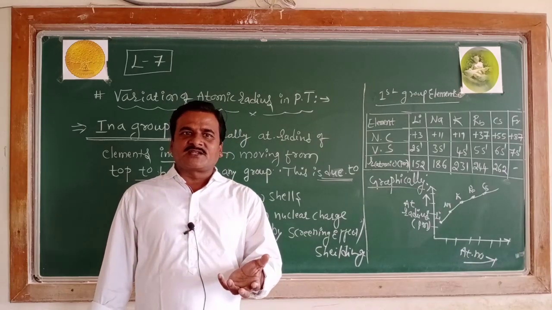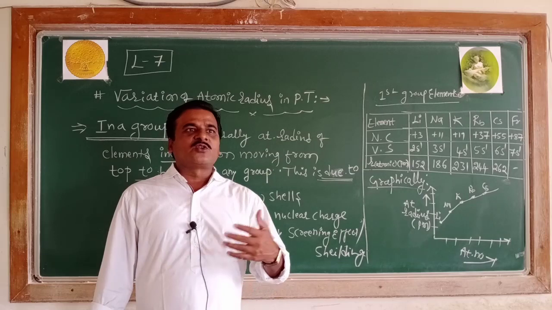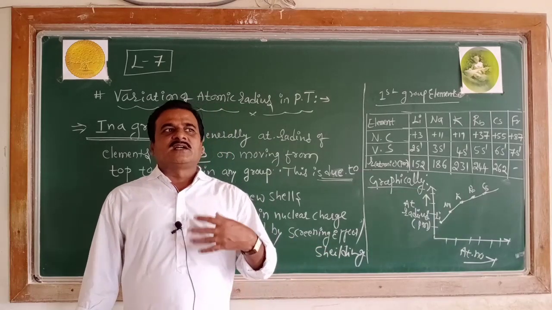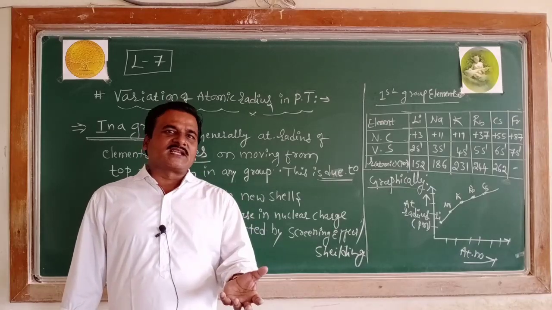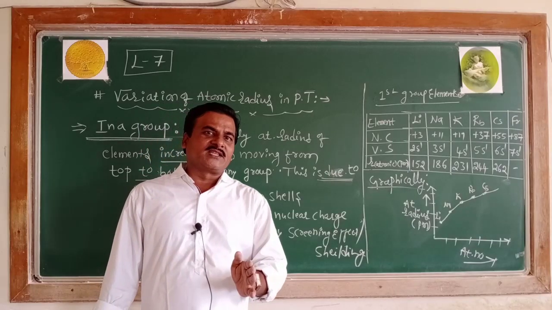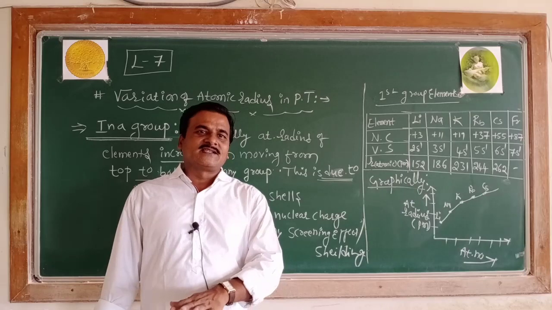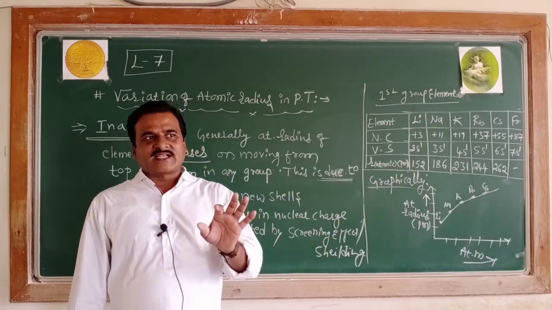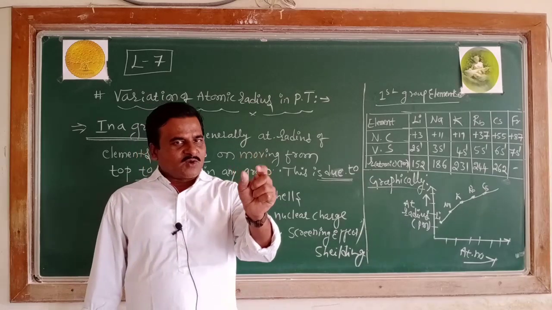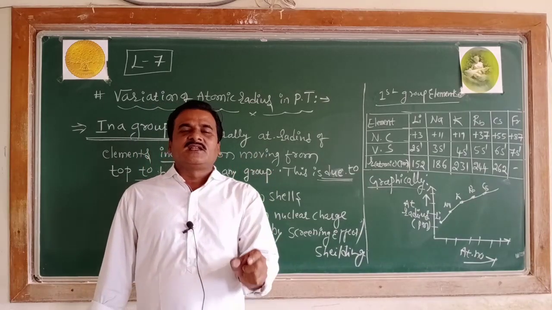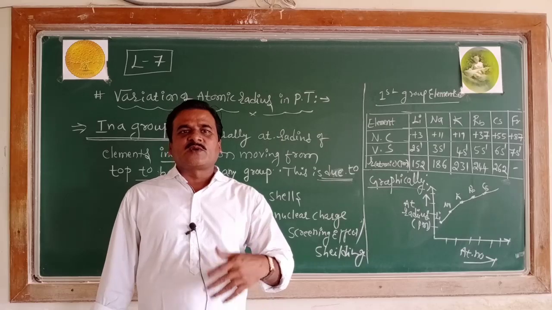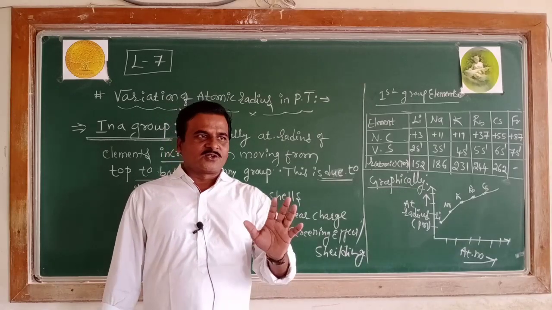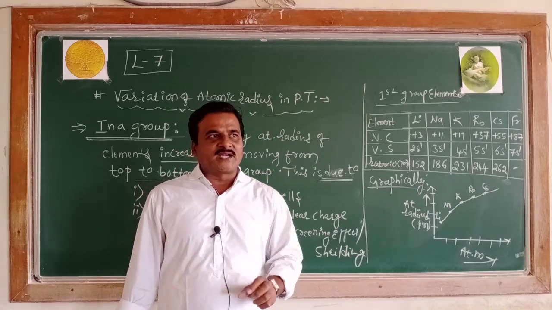Because of their complete valence shell, they do not show a tendency to form a covalent bond. Therefore, the noble gas elements are associated with the van der Waals radius but not the covalent radius. So as an exception, the van der Waals radius of the noble gas elements is quite larger in size.